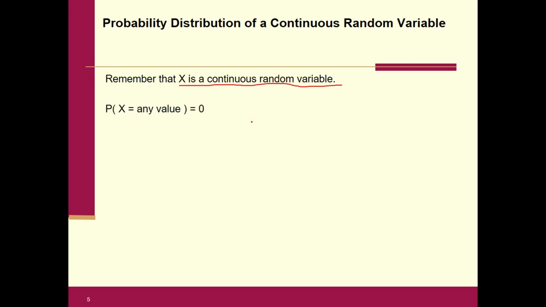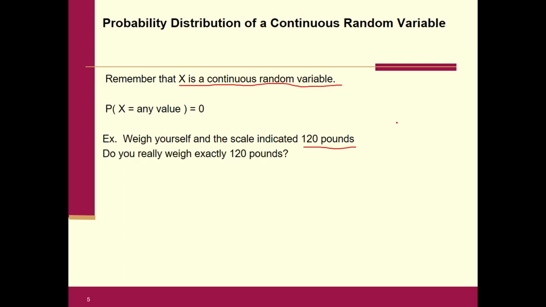So let me give you an example. Let's say you weigh yourself, and the scale indicates 120 pounds. My question to you is, do you really weigh exactly 120 pounds? Well, maybe you have a precise enough scale, and it said 120.2.